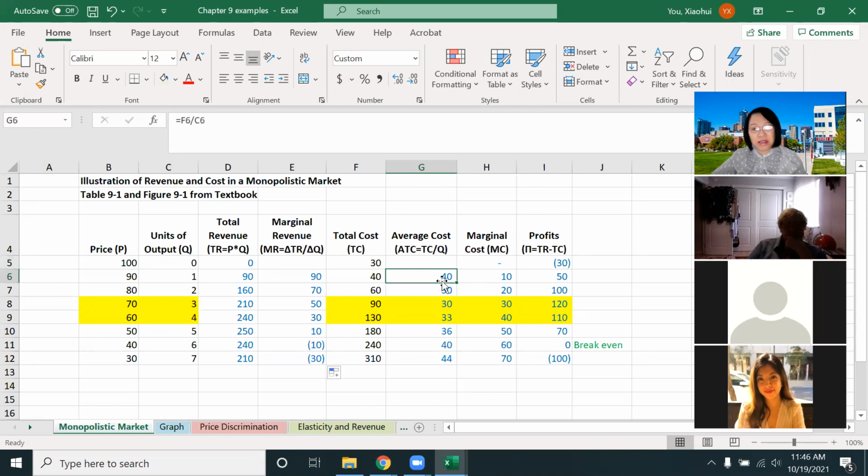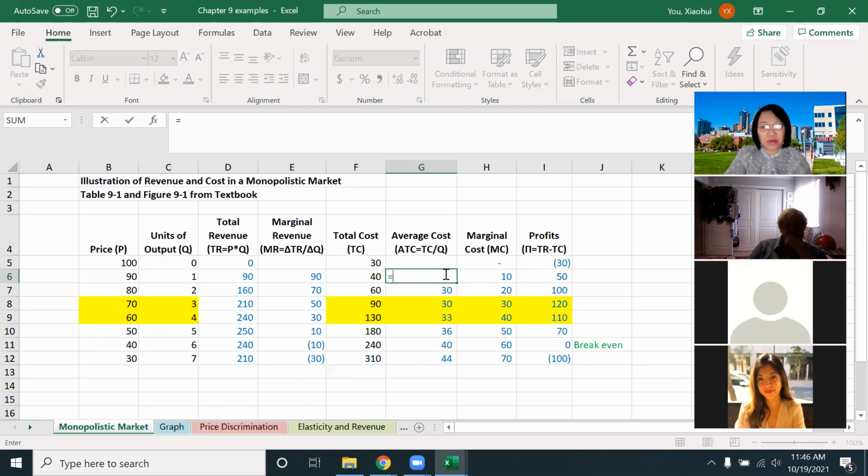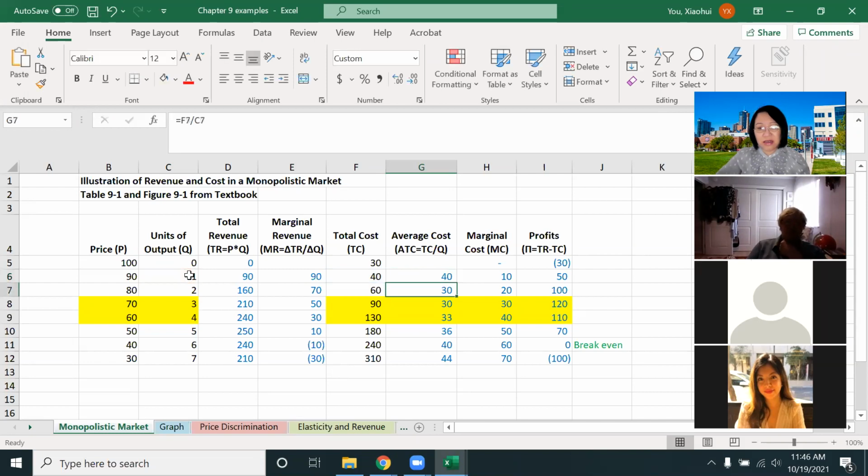So we calculate the second one: total cost, this one, divided by Q, which is this one. Enter, and we got this value.